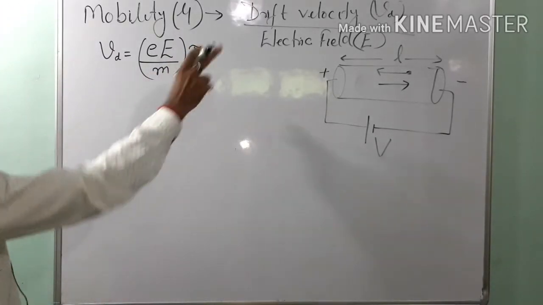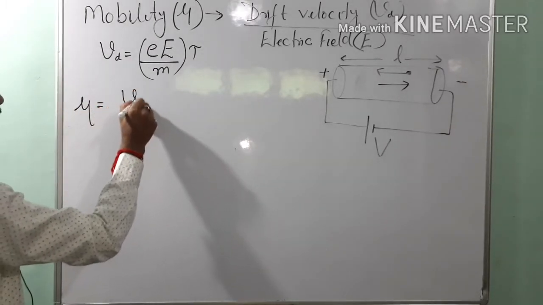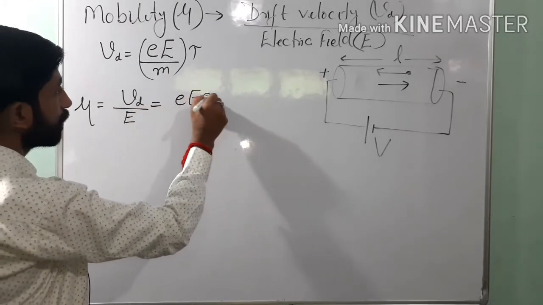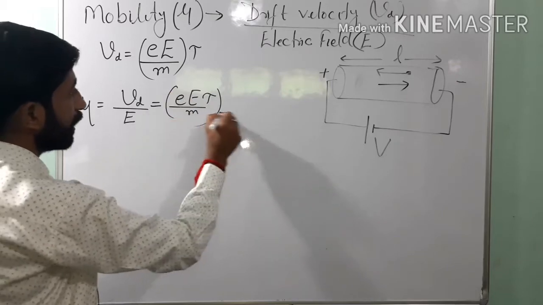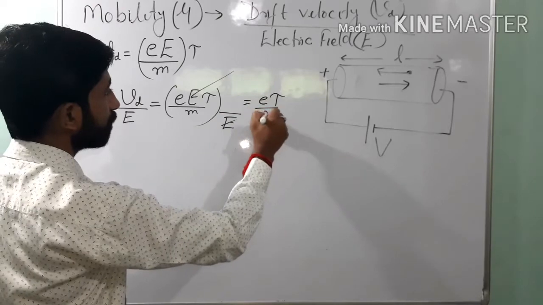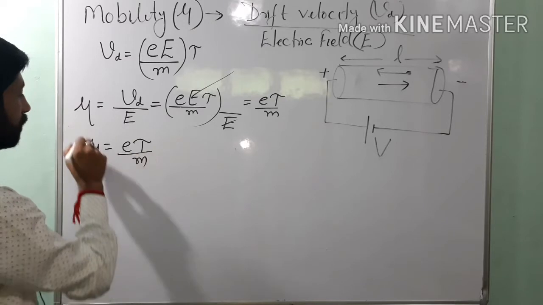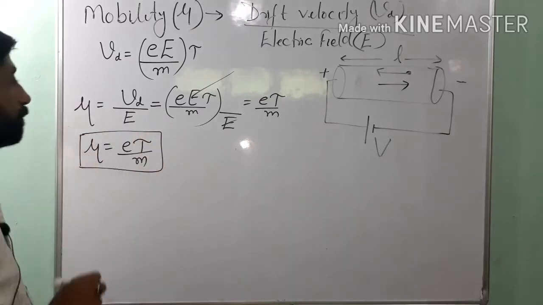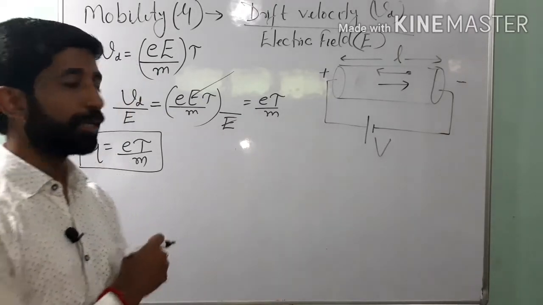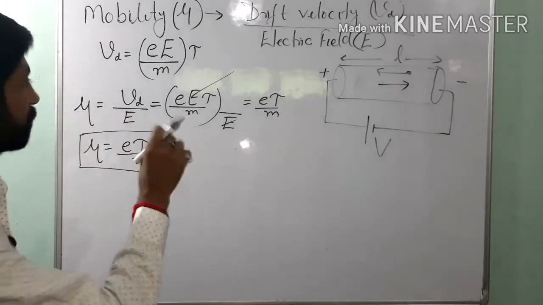According to the definition, the mobility mu is equal to drift velocity over applied electric field, which is equal to small e tau over m, and then divided by E. So this E cancels, that is e tau over m. So mu is equal to e tau over m. Mobility means easiness for the charged particles to pass through the conductor. This is the general relation for the mobility.